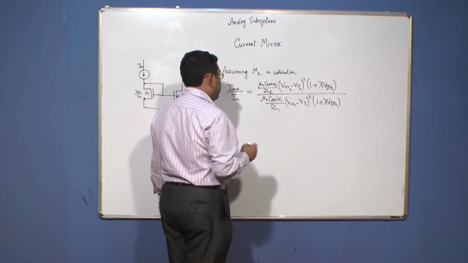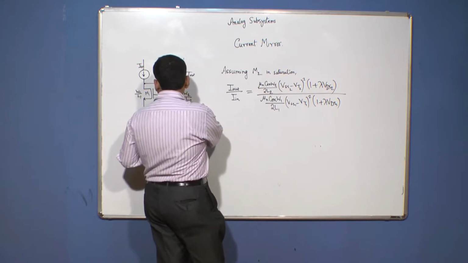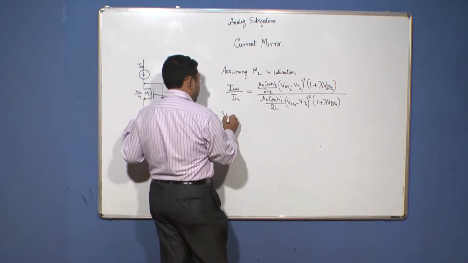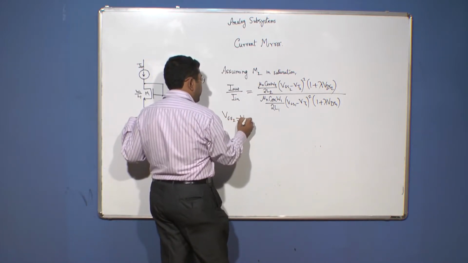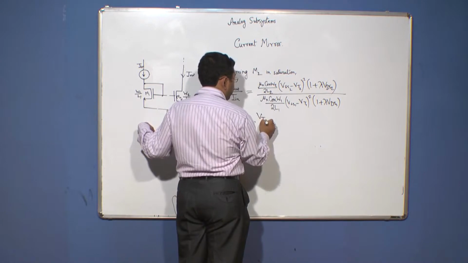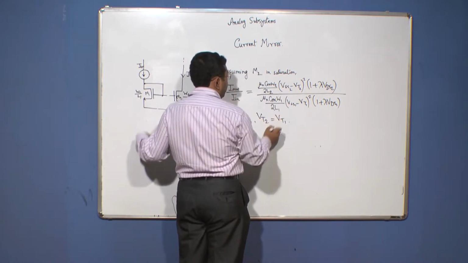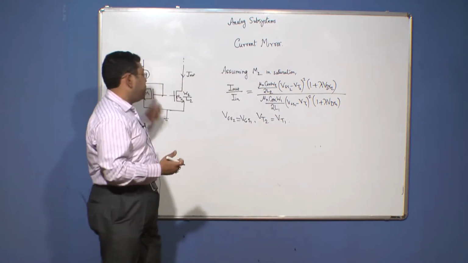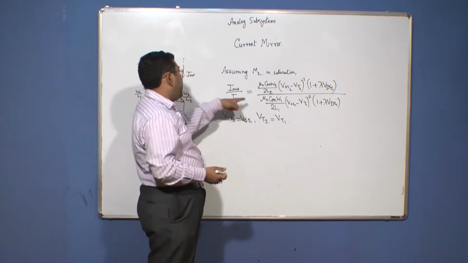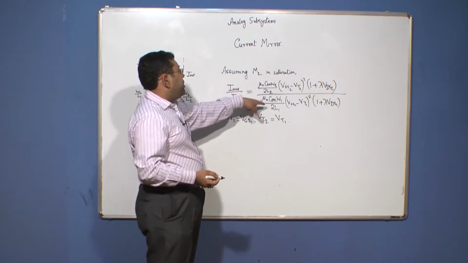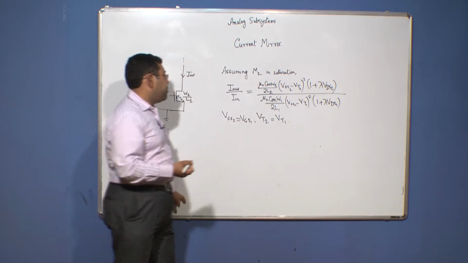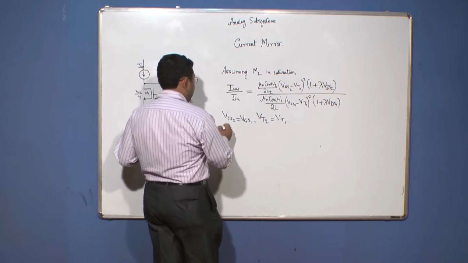Now we can see that VGS 2 equal to VGS 1. So we can write VGS 2 equal to VGS 1 and VT 2 equal to VT 1, because the technology for both these MOS transistors are same. So we can write VT 2 equal to VT 1, and also the mobility is constant, oxide capacitance is constant for a particular technology. So we have an opportunity of lot of cancellations.